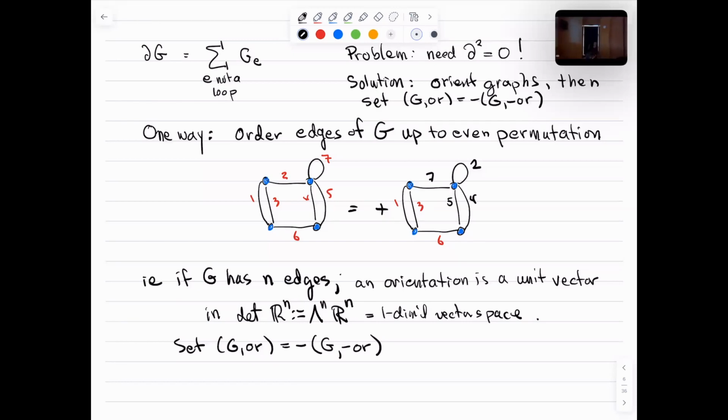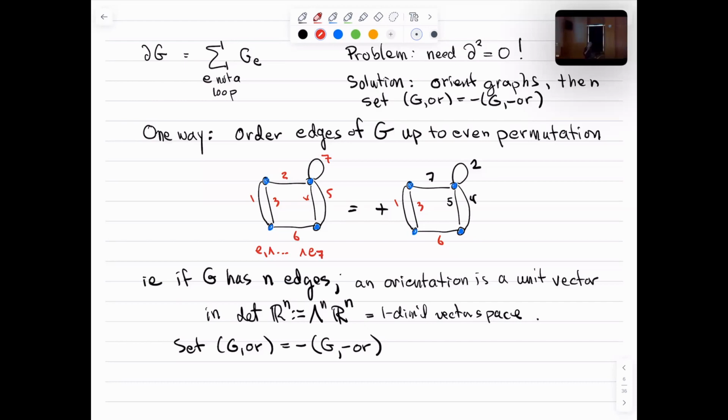So another way to say this is if you've got n edges in the graph, an orientation is a unit vector in the wedge product lambda n of R to the n, which is a one-dimensional vector space. So I've got 7 edges here, and I would call this E1 wedge through E7.